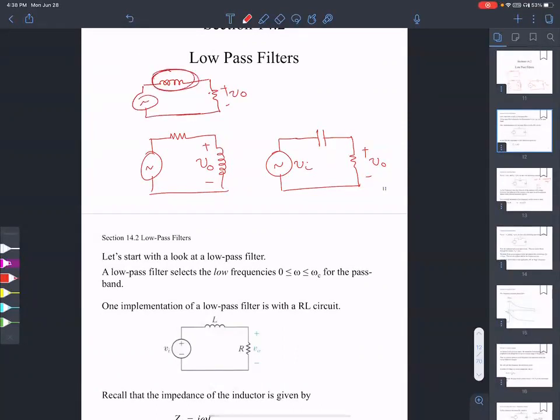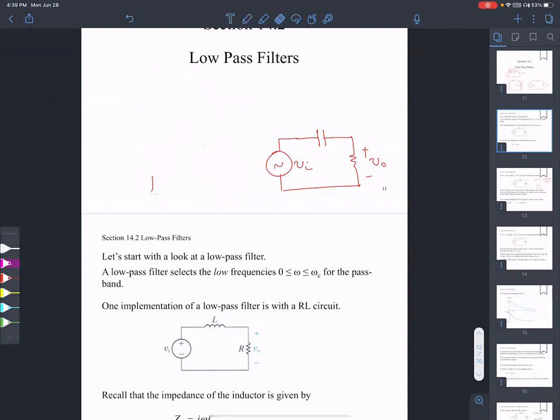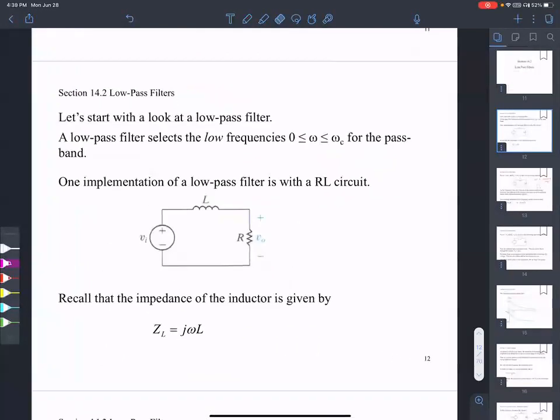An inductor voltage measured is a high pass filter. This guy is a low pass filter. You get the idea, right? If you see a capacitance and the voltage is taken across a resistance, that's H. That should remind you of a capacitance.